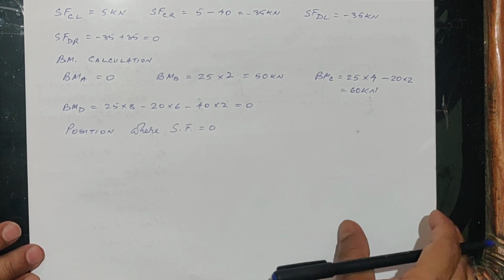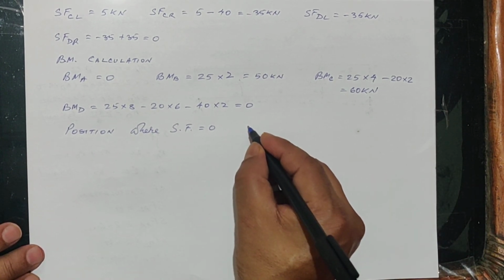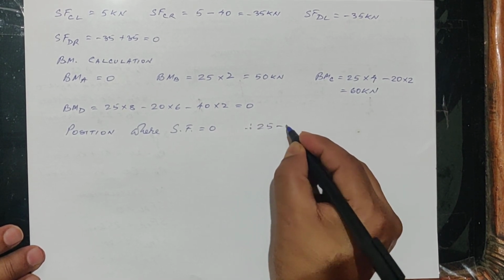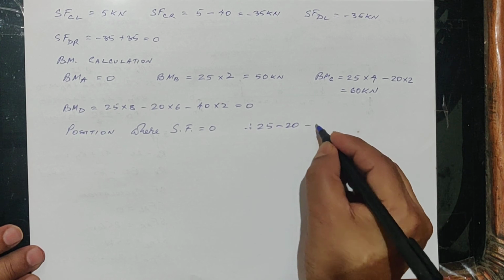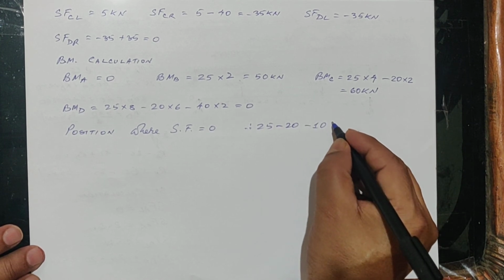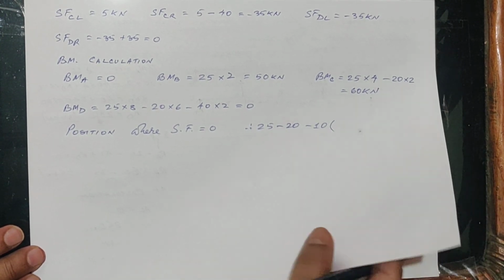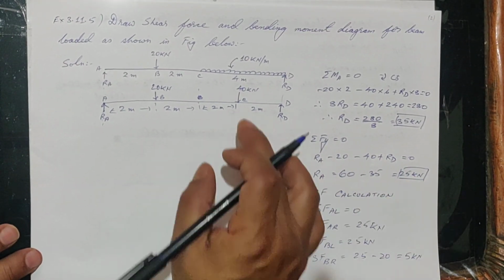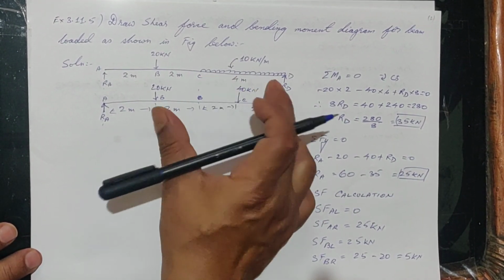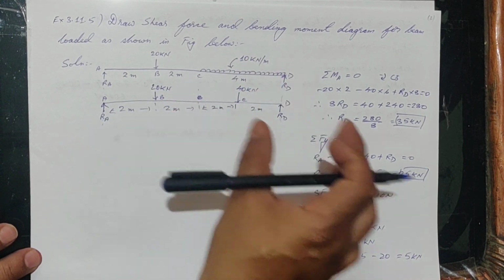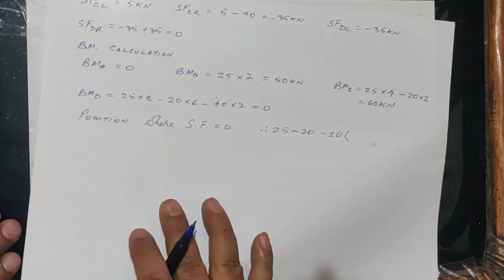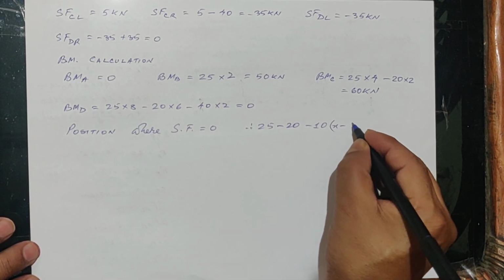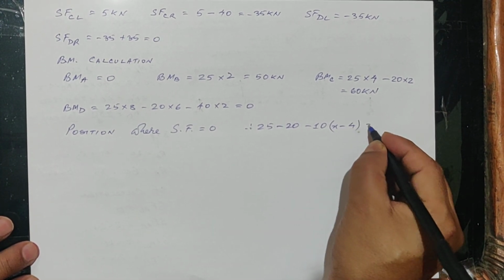So SF is coming down from 25, therefore 25 minus 20 minus 10, suppose it is cutting at x, so this will be x minus 4 is equal to 0.